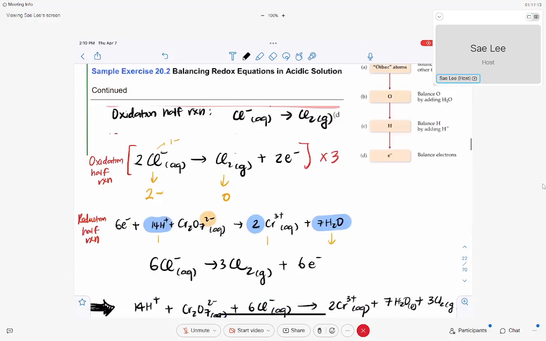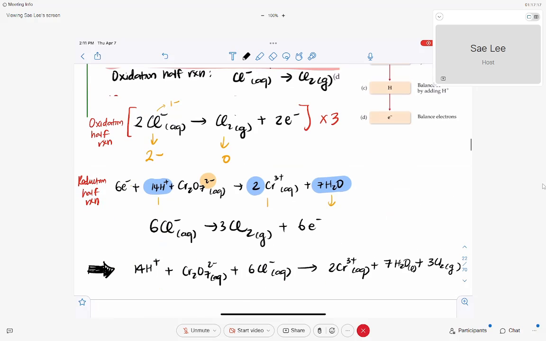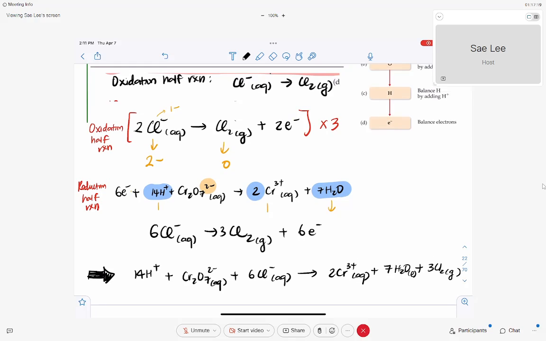Dr. Lee, can you go back real quick, please? Are you particular in which way we order the molecules in the equation? Order of the molecule in the equation.